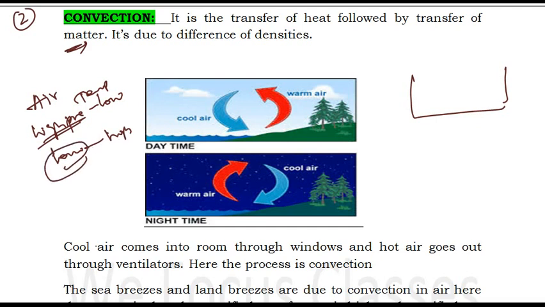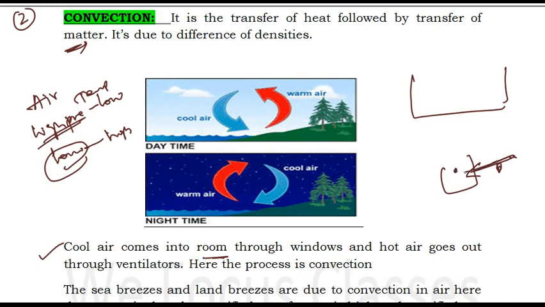Generally, cool air comes into the room through windows. When the temperature outside is cool, pressure will be increased, so that the air will come into our room. Whereas in our room, the room will be warmer and pressure will be low.